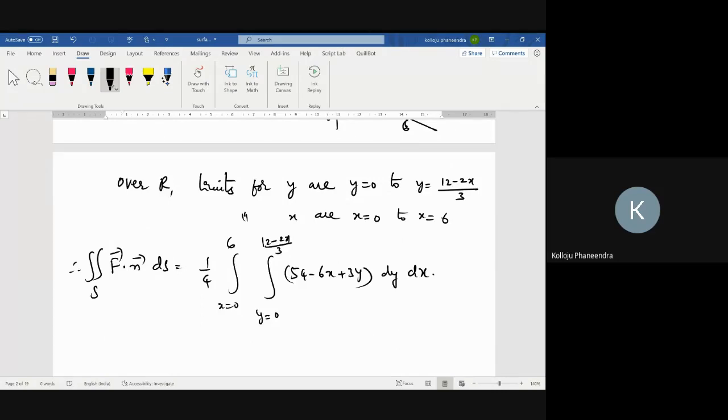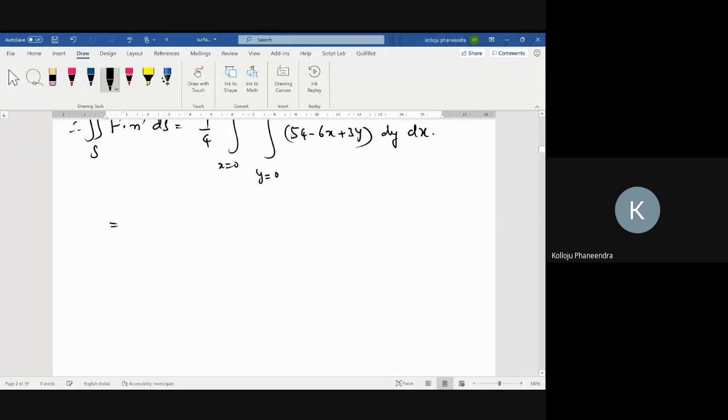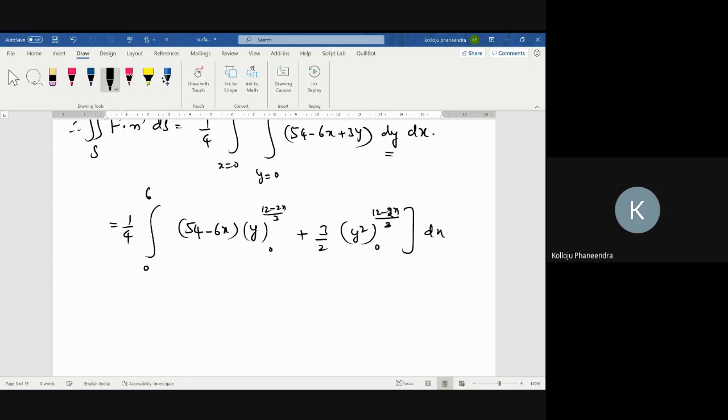You know the technique: integrate first with respect to y. 54 minus 6x is treated as constant, giving 54 minus 6x times y plus 3 by 2 y square, between 0 and 12 minus 2x by 3, this entire dx.